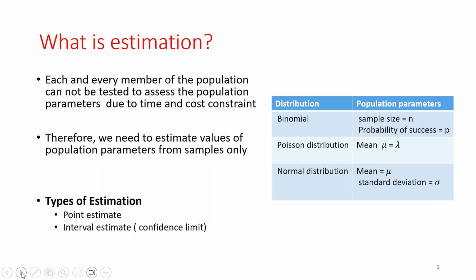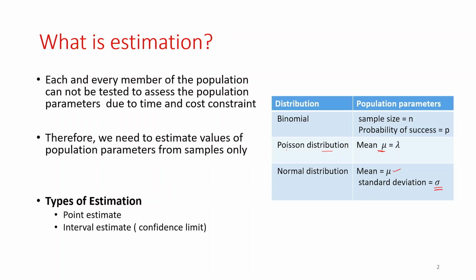The population parameter could be, for Poisson distribution, mean. For normal distribution, the population parameter could be the mean value of the population or standard deviation of the population.